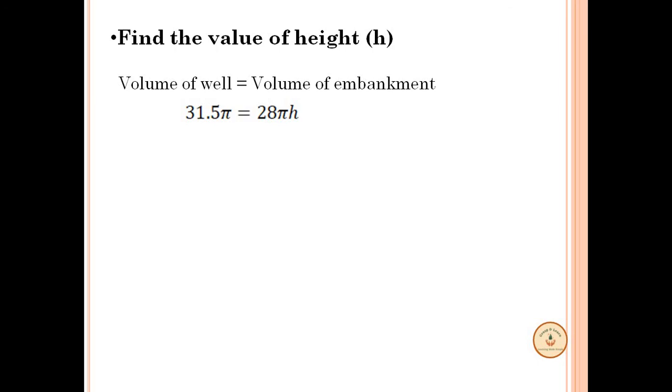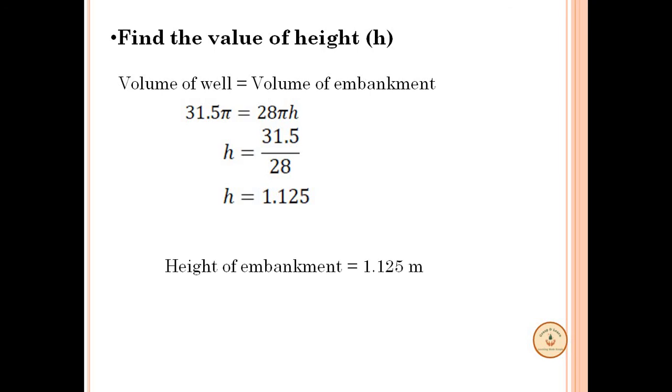Now pi on both the sides will get cancelled. To get the value of h, we have 31.5 upon 28, which becomes 1.125 meters. So we can say that height of embankment will be equal to 1.125 meters.